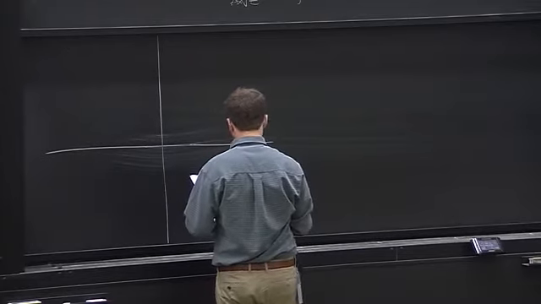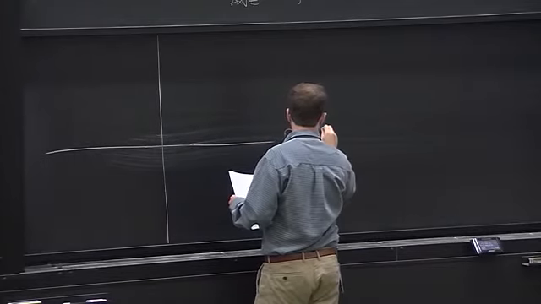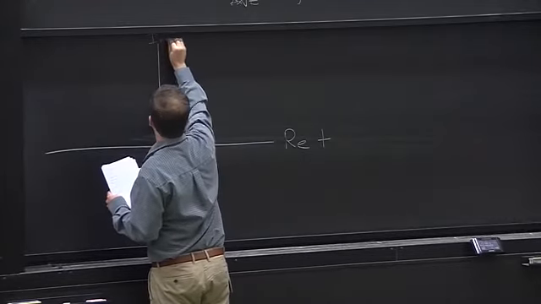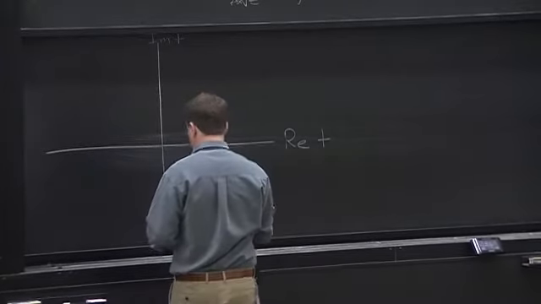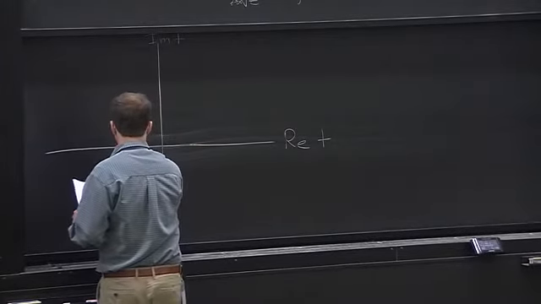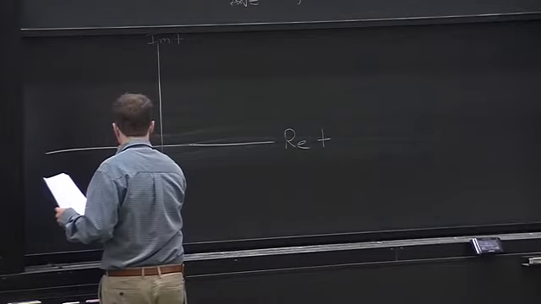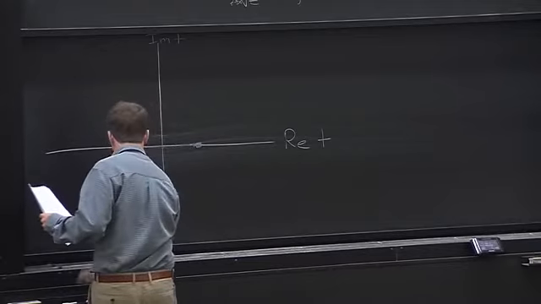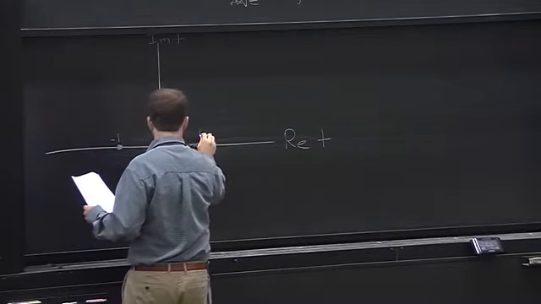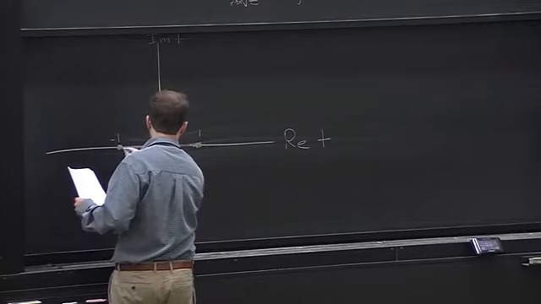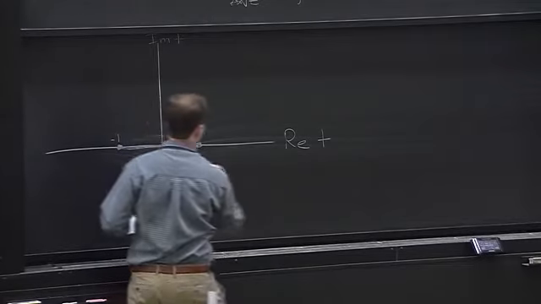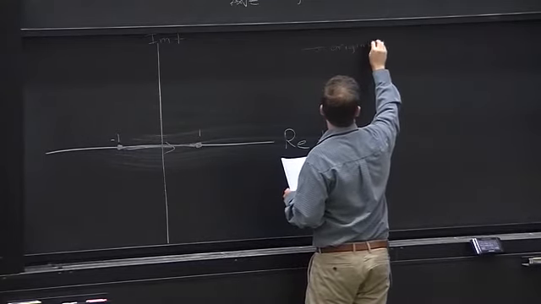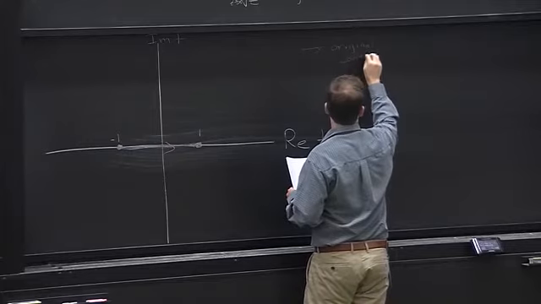So, the real and imaginary t-plane. What we have are two boundary points of our original contour at minus 1 and 1. Our original contour goes like this.